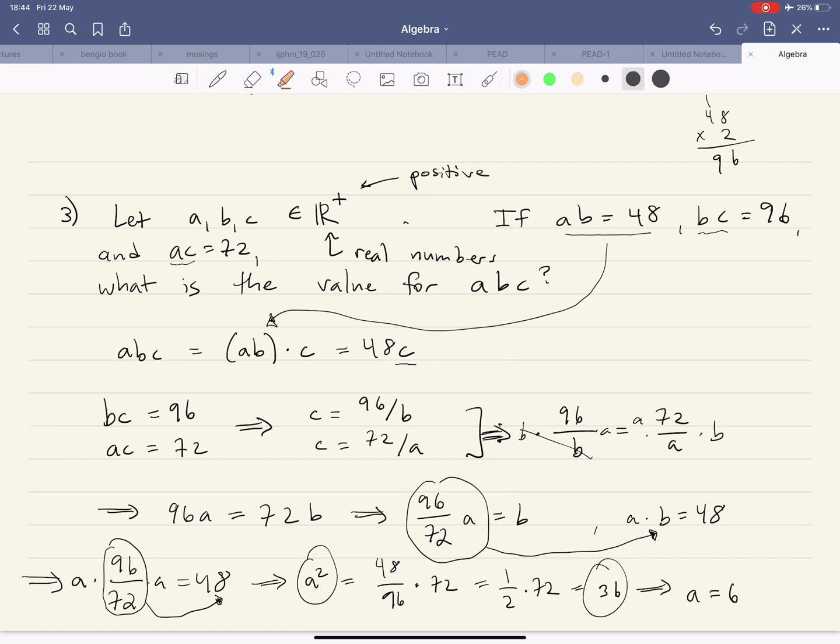Okay, now I'm getting somewhere. A equals 6, A times B equals 48, so that means that B equals 48 divided by 6, which is 8. So I've got B equals 8.